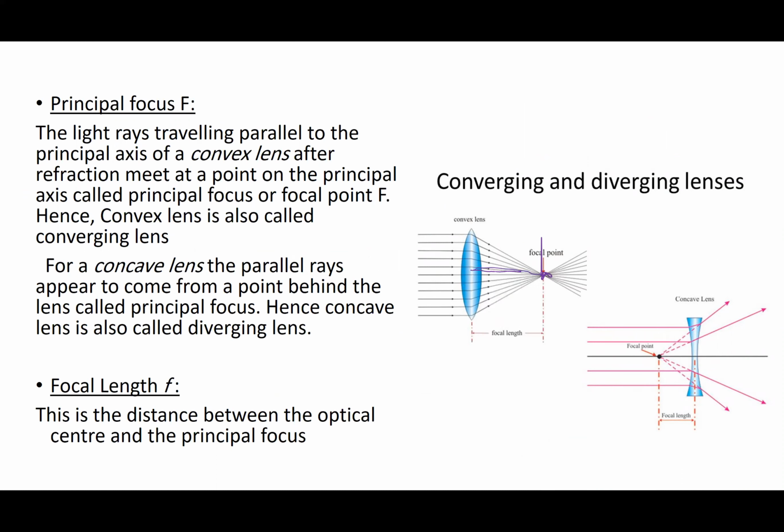This distance is called the focal length, and this line is called the principal axis. Here, this distance is called the focal length, and this is the virtual focus point.